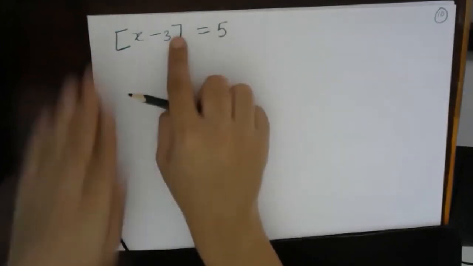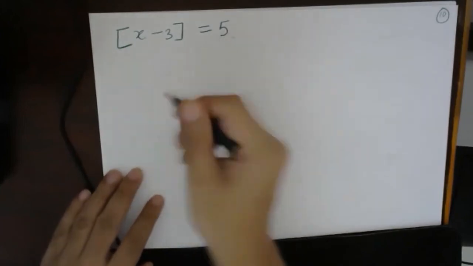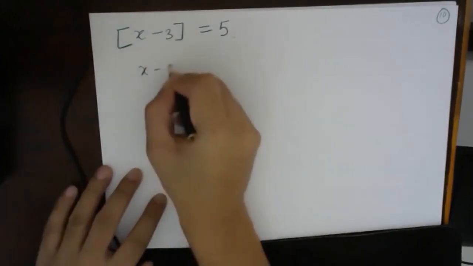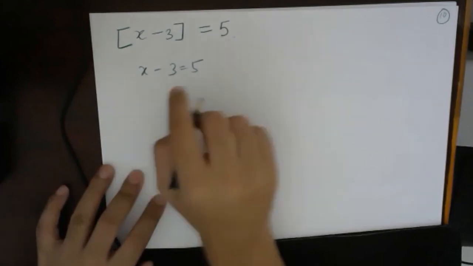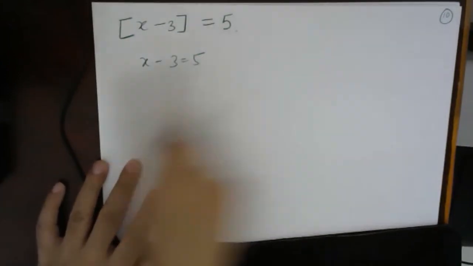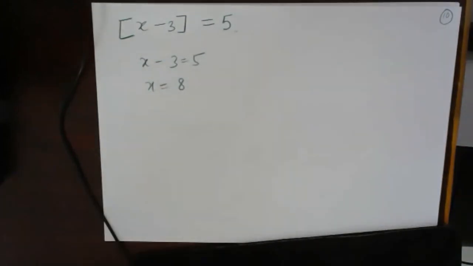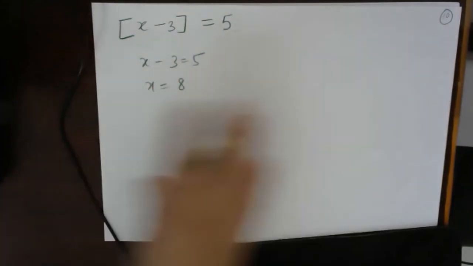Without the greatest integer, first I will check what the value of x is. When x minus 3 equals 5, this gives me a rough estimate that the answer should be around 8, x equals 8.